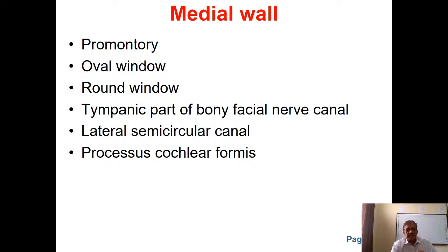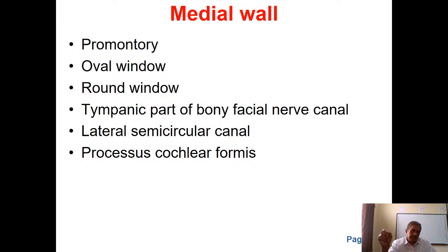And there is another small projection which is called the processus cochleariformis, which is nothing but a small shelf-like projection which is coming from the medial wall of the middle ear cavity superiorly. And it's concave, just like that.